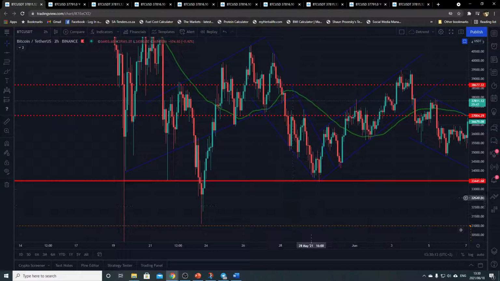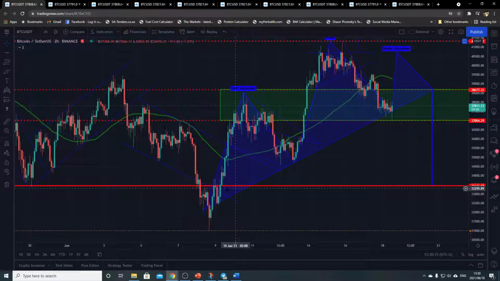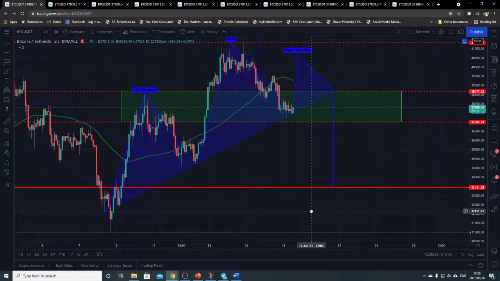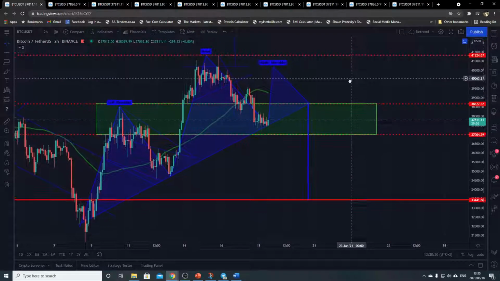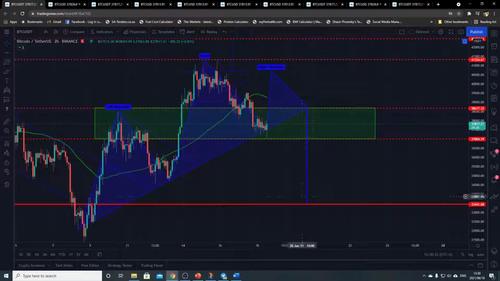So we've got 1, 2, 3, and we've got a 4 here. If you look at this candle over here, we've got 4 areas of value, 4 touch points which could act as support and could signify the end of the downward movement of the head and shoulders.